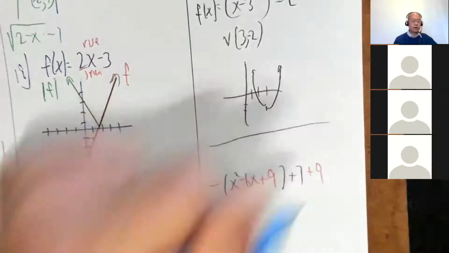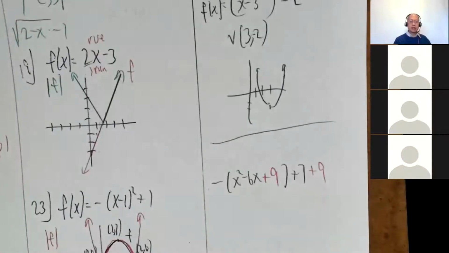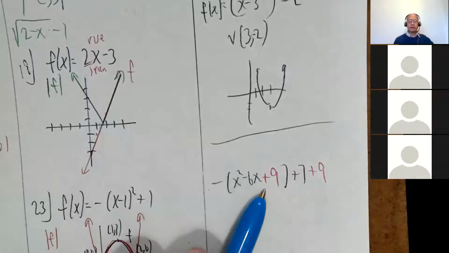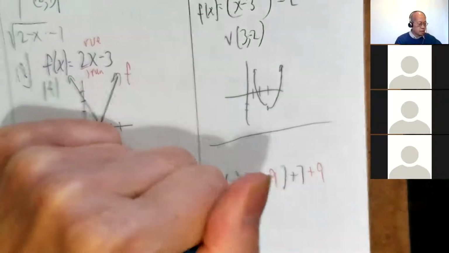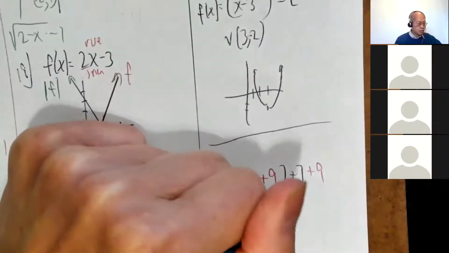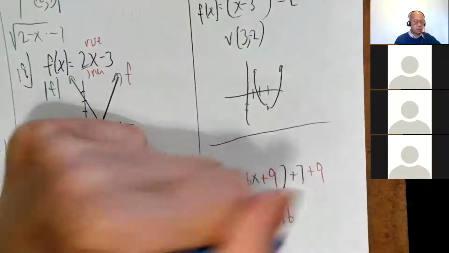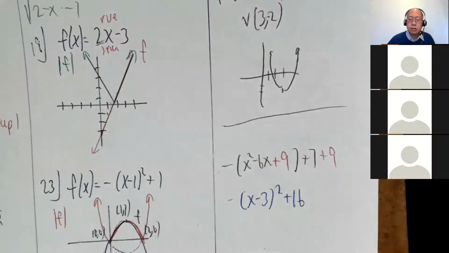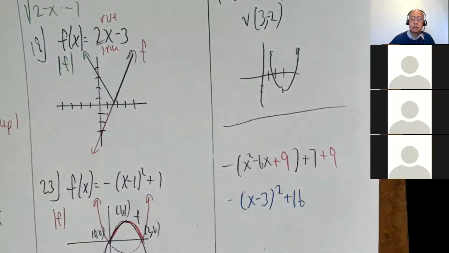So that would be the case where I would go ahead and add 9 because I'm distributing the negative. So that would be negative x squared plus 16 or whatever. So that would be such a case. Okay, thank you. All right, welcome.